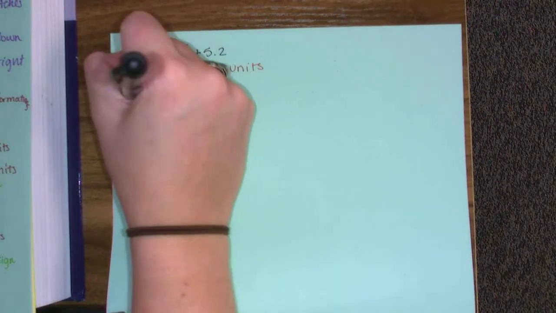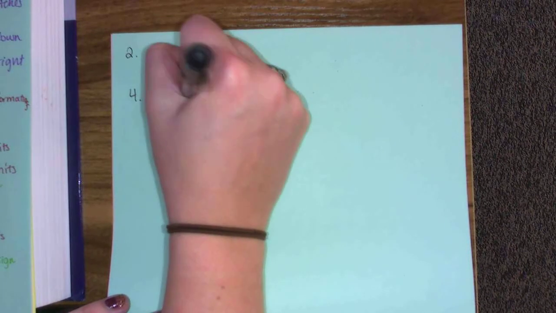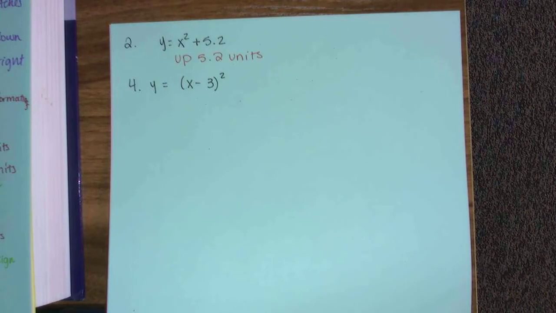Alright, 4, y is equal to x minus 3 squared. So what's happening with this one? Right, 3 units.